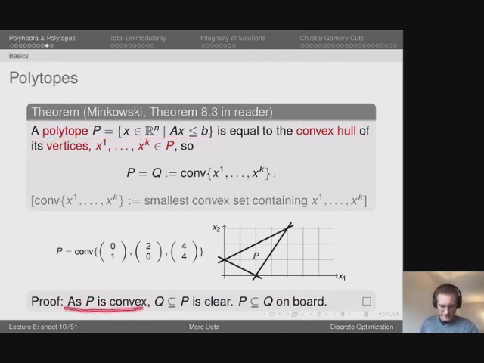So P is convex and it contains its own vertices, obviously. So P is a convex set containing x1 up to xk. Q is the smallest convex set containing x1 up to xk, so therefore Q must be a subset of P, so that is clear. The other containment is a little bit less simple and is done next.